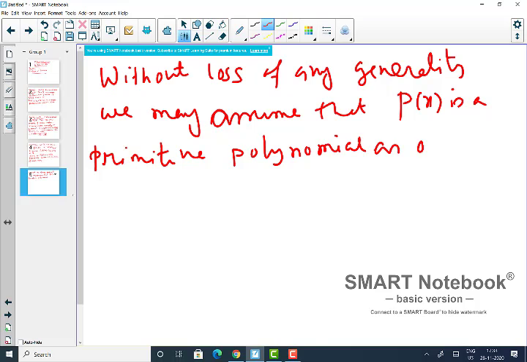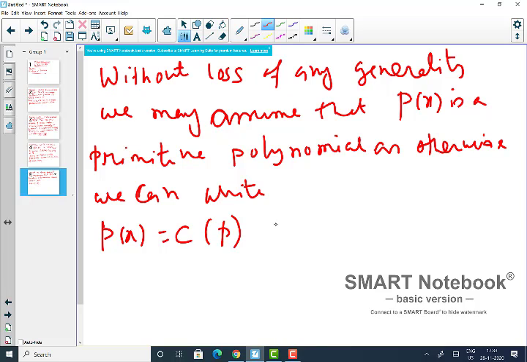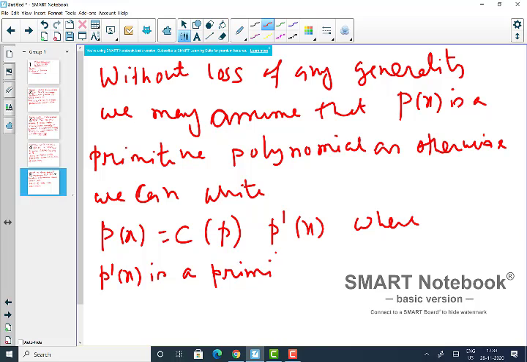Otherwise, we can write P(x) equal to the content of P times some P'(x), where P'(x) is a primitive polynomial, right? Because content means the greatest common divisor of the coefficients.